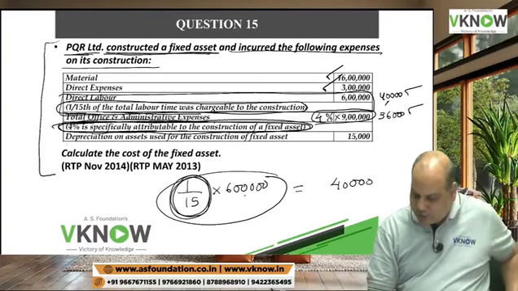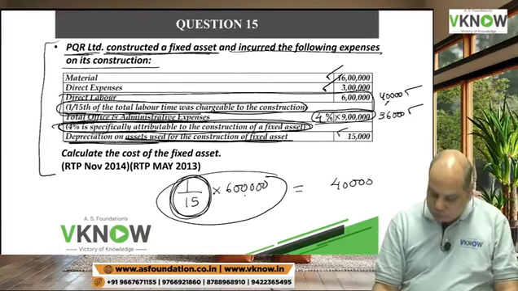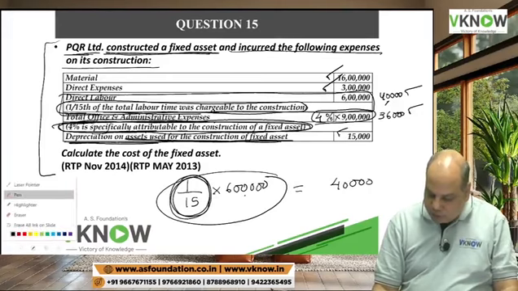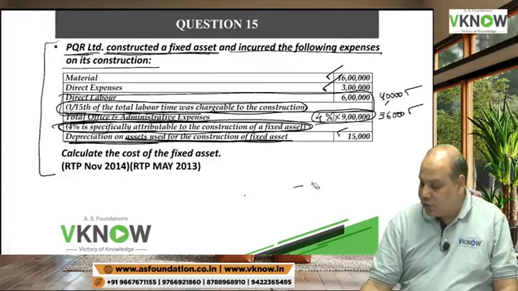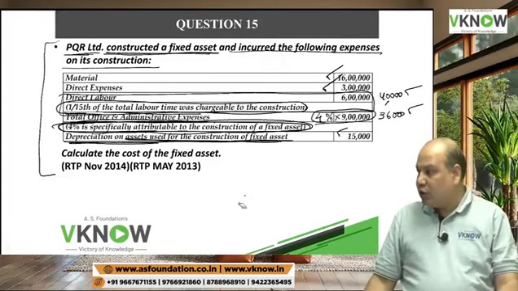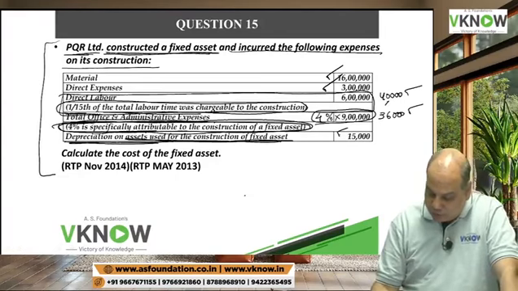And then they are saying depreciation on the asset used for the construction of the fixed asset, 15,000. One asset may be used for the construction of another asset. Possible or not?